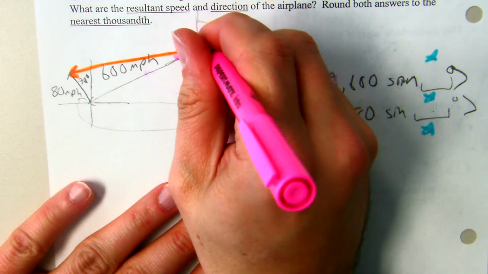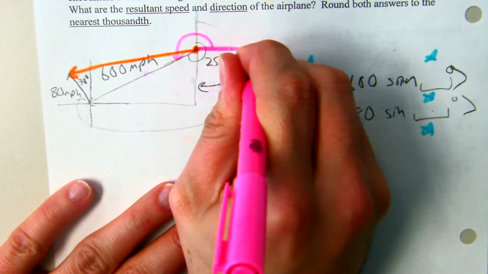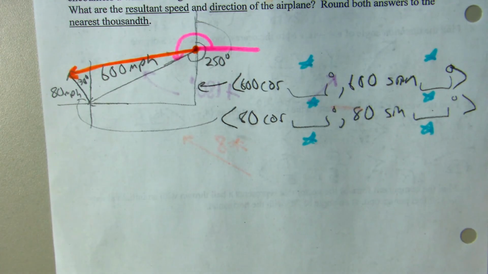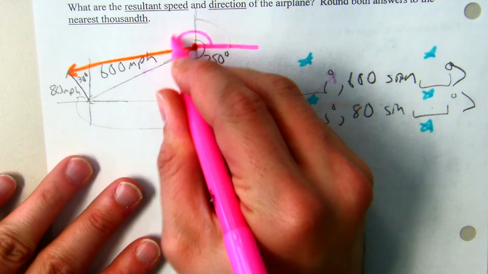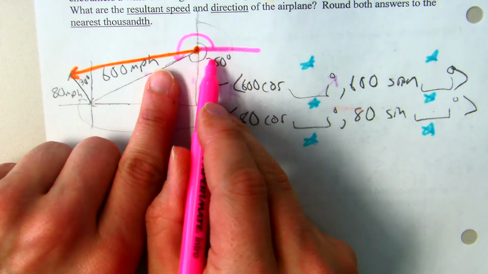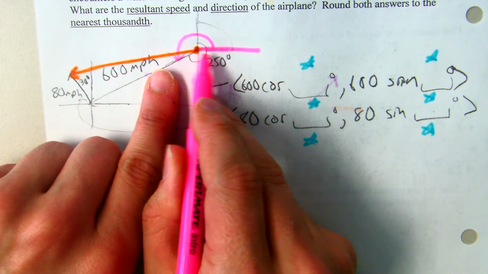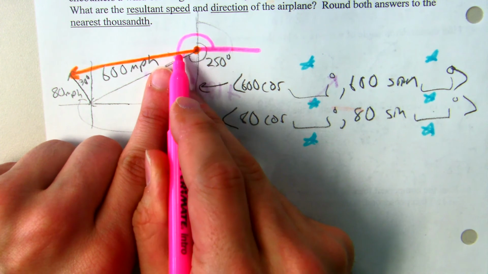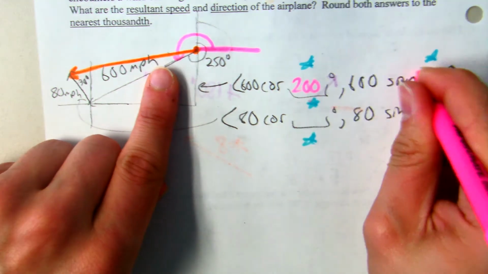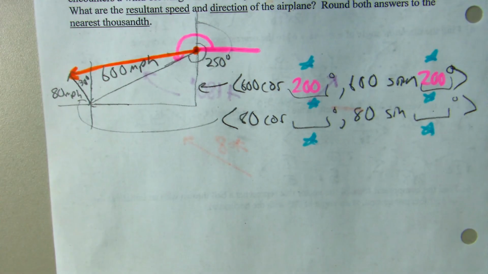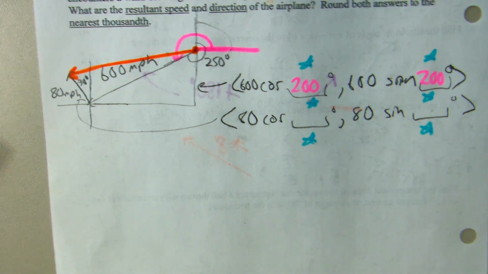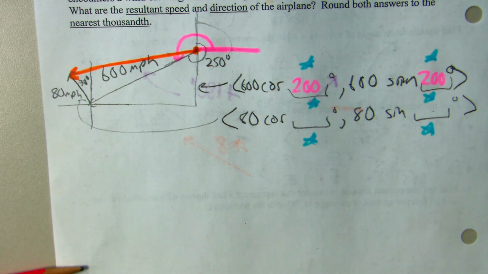I drew it right. Do what I do now. Positive x-axis counterclockwise. I know this is 90, and from this 250, I can figure out this is 20 more, so 200. If you plug in 250, your calculator thinks you're heading at a different angle than you really are. So it's not giving you wrong information, it's just that you're giving it the wrong information.